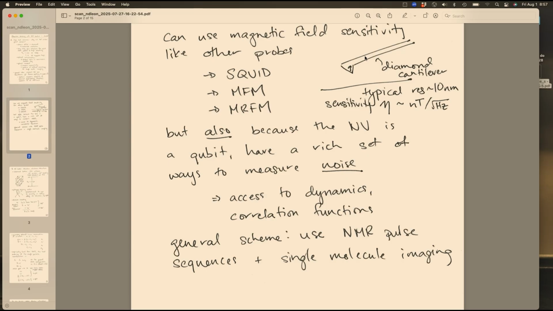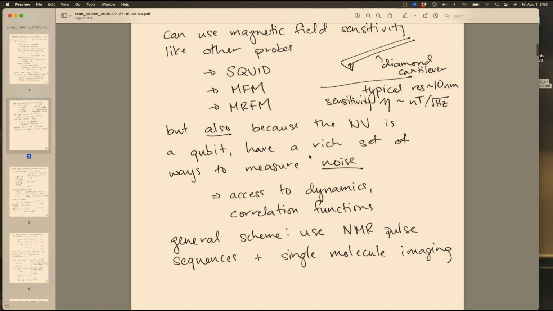I don't have to just look at the world and ask, can I measure a static magnetic field? But I can also ask, what are the fluctuations of the magnetic field across many different frequency ranges? And the part that makes this really interesting from a condensed matter physics standpoint is that this now gives us access to dynamics, which are otherwise incredibly difficult to measure with normal probes, and also even correlation functions, which is what I'll spend a lot of time talking about.